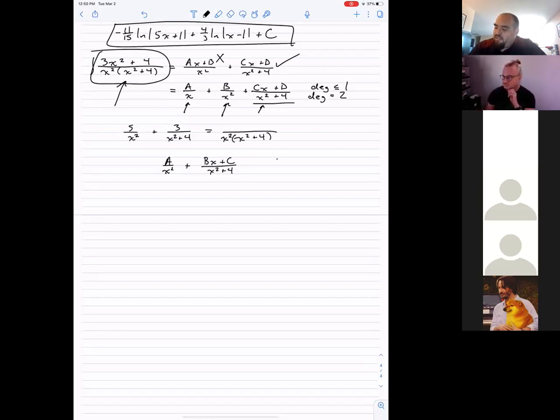Like for example, I know this is going to be a little simpler, but if I had 7/12, sure, there's a way to break that down into something over 3 plus something over 4. But maybe I added something over 2 and something over 6. So you've got to take into account every single thing that might have contributed to that original function you're trying to integrate.